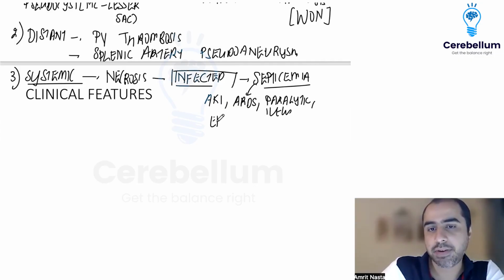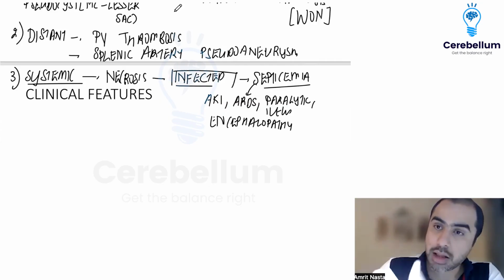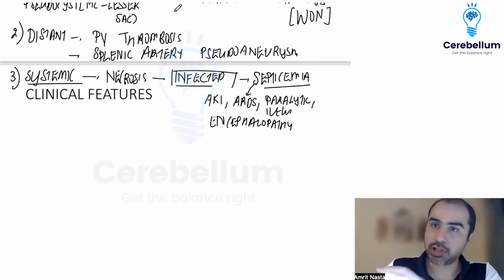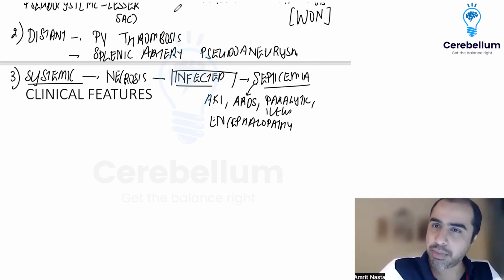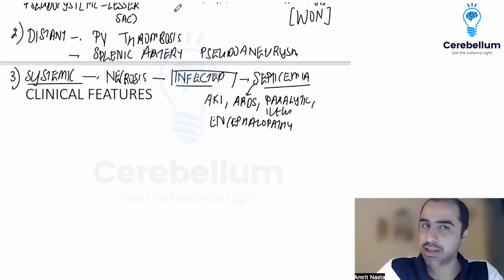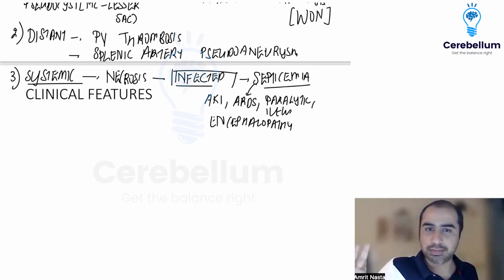All these are features of septicemia. Any patient with acute pancreatitis, if he starts getting other organ involvement, like his urine output becomes nil, oliguria and urea, or if he starts getting breathing problems, hypoxia, that means he's having septicemia. That means he has infected necrosis. Okay, be very clear about this.